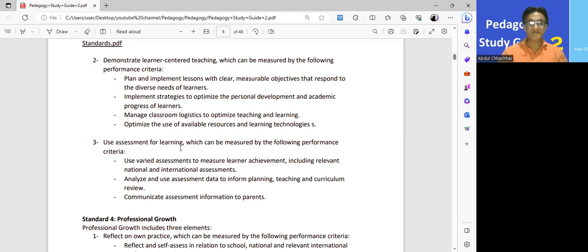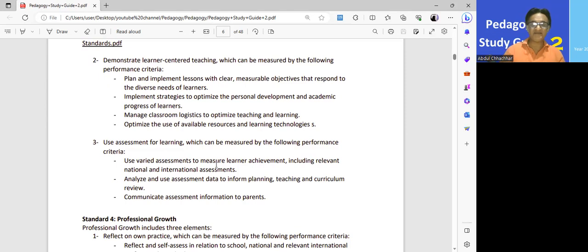Okay, I will tell you what terms. Use a variety of assessments: quizzes, oral discussion, presentations, projects, and all these things, according to the national and international standards. Now, national assessments are like the ministry's exams, like the Arabic exams, language exams, English exams.